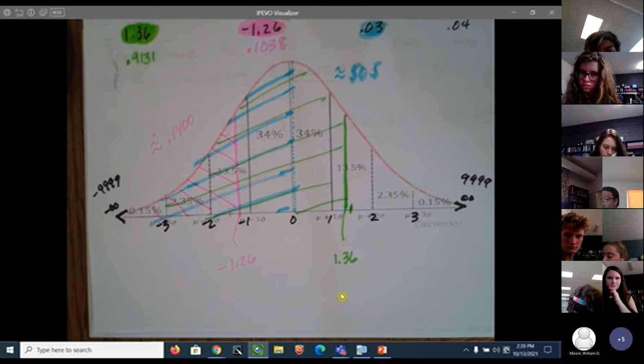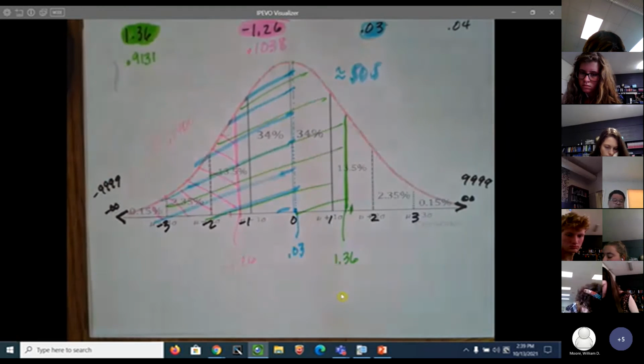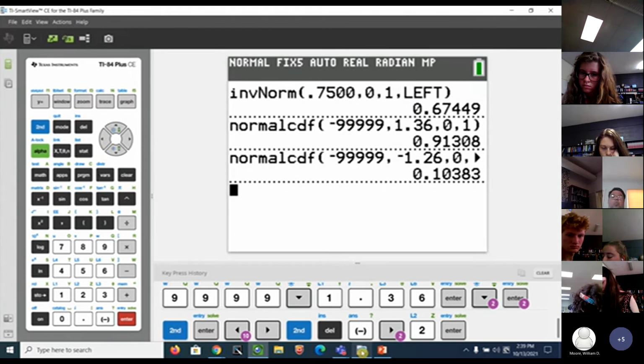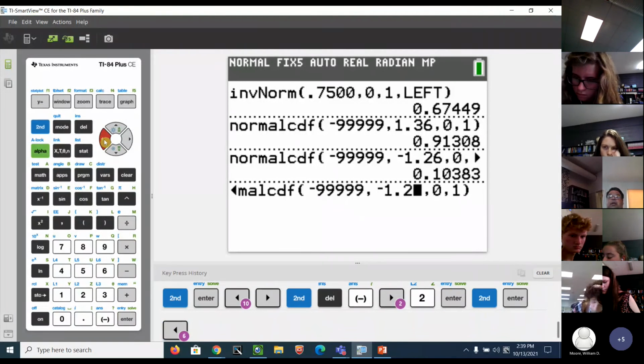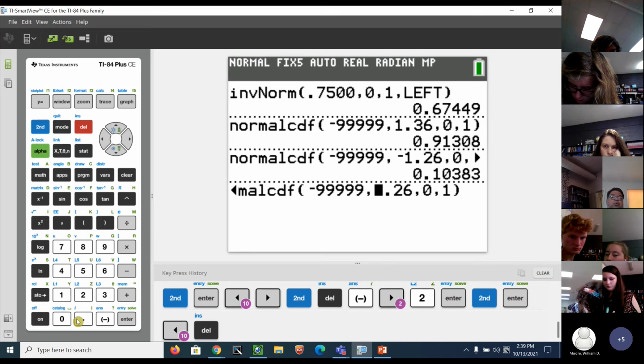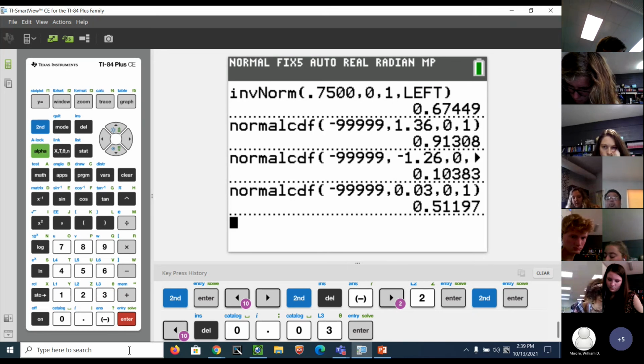We know this is 0.03. So take our handy dandy calculator. Second, enter. And that's going to be negative 9999 to 0.03 and enter. 51.20.